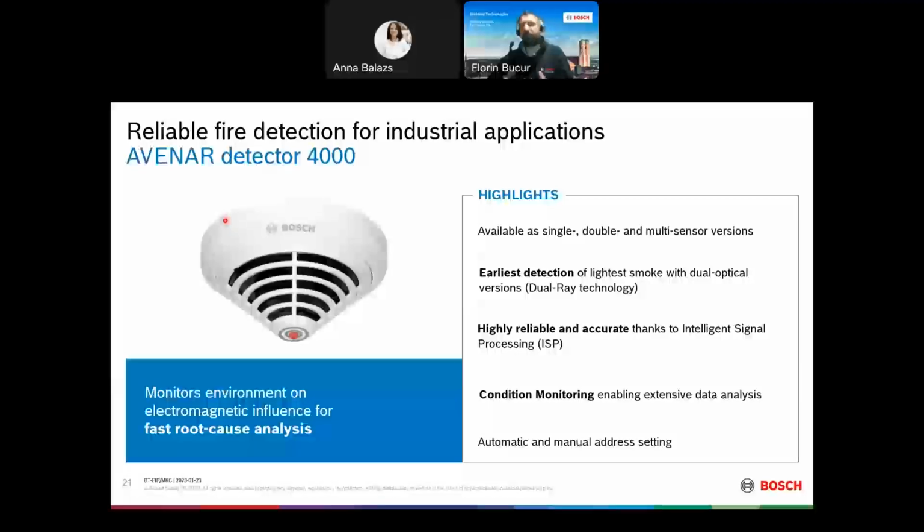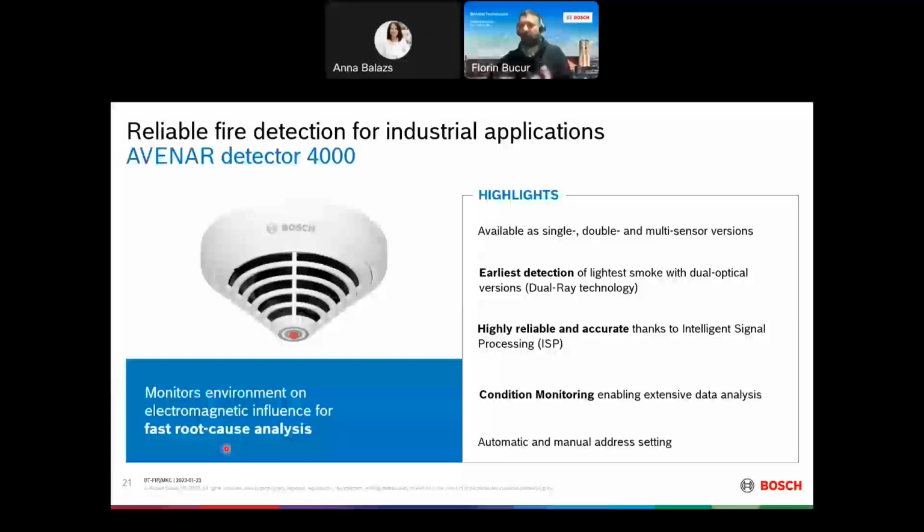Thanks to these algorithms inside the processor of the detector for internal signal processing, it makes it really, really fast in detecting known fire patterns, especially for multi-sensor detectors. And the second one, we already mentioned it, but I want to mention it again, the e-smoke feature, which basically shows the values of the electromagnetic disturbances at the level of the detectors.